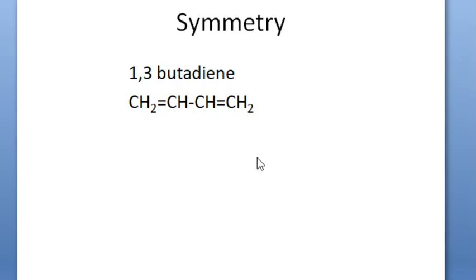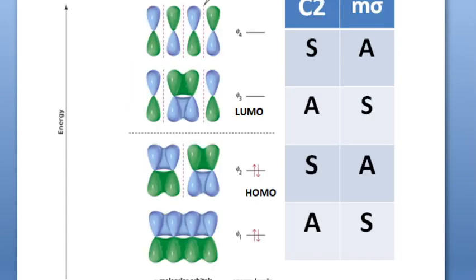So we require 4 lobes or 4 orbitals to represent 1,3-butadiene, isn't that so? 1 pi bond we have represented with 2 lobes. Now for 4 pi orbitals, how to draw them? The orbitals are like this.